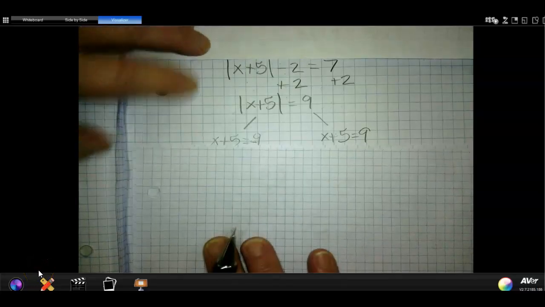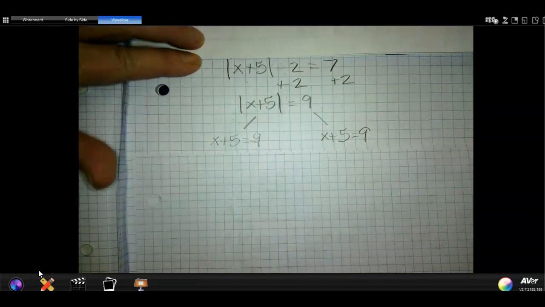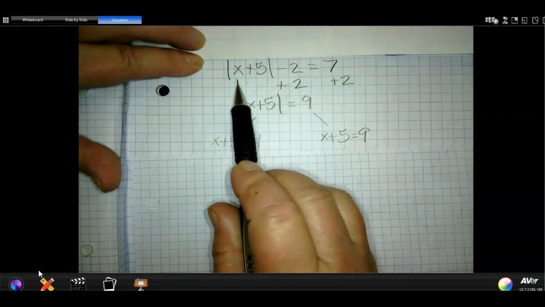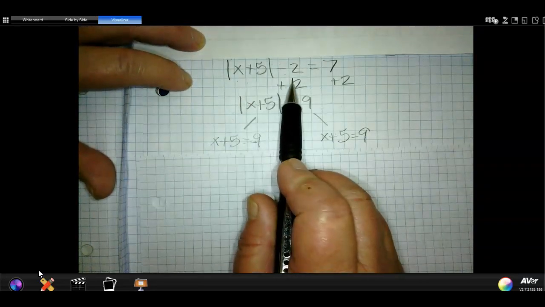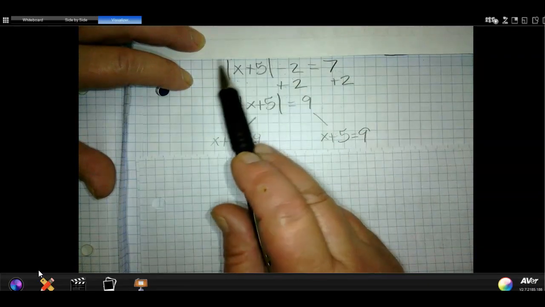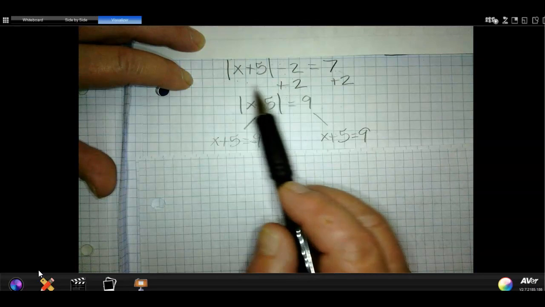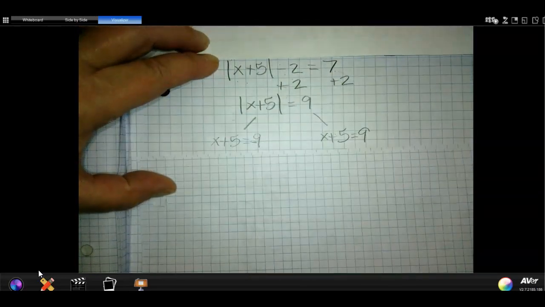Okay, so here we are back with pencil and paper. So here's our problem. The absolute value of x plus 5 minus 2 equals 7. Okay? So before we can break this in half, split it into 2, and solve for our positive and negative solutions, we need to isolate the absolute value part.